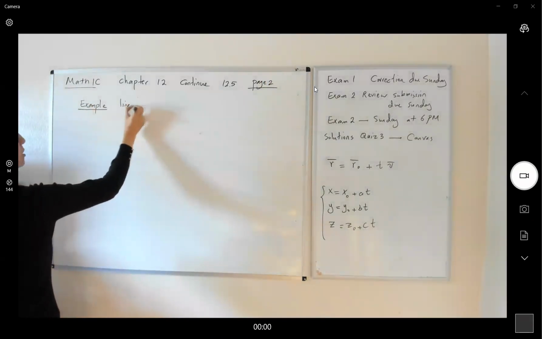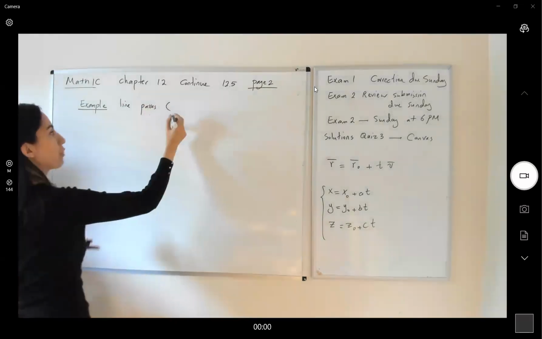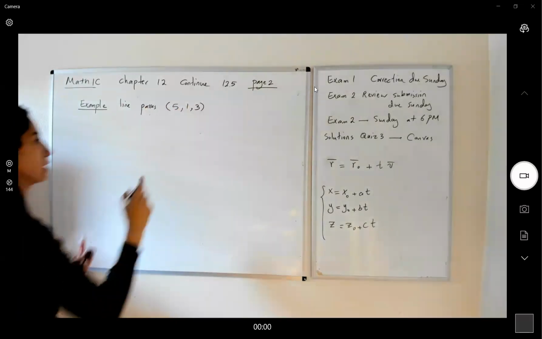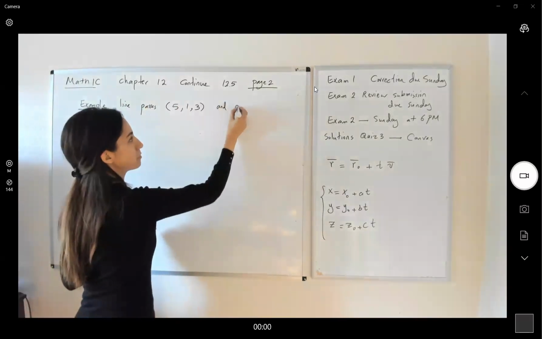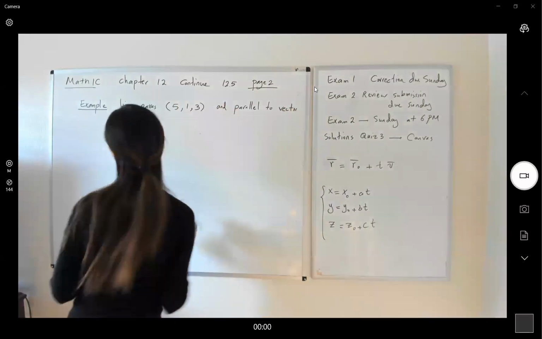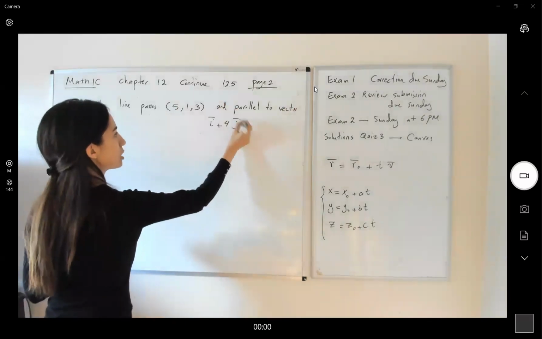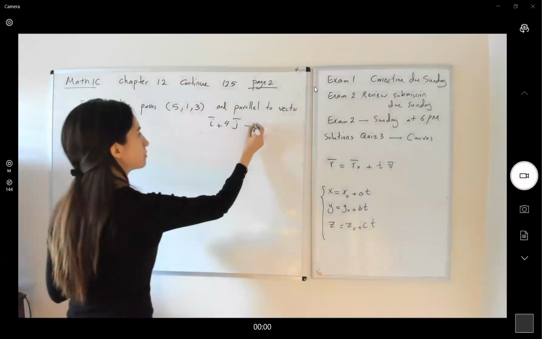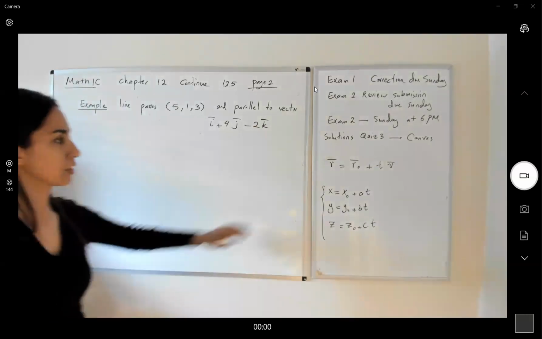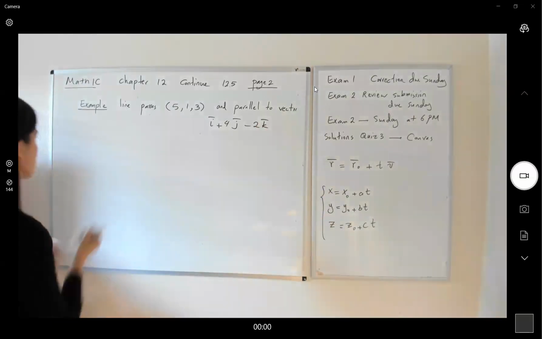We have a line that passes through the point 5, 1, 3, and it's parallel to the vector i plus 4j minus 2k. So let us form the vector equation and parametric equation for this one.